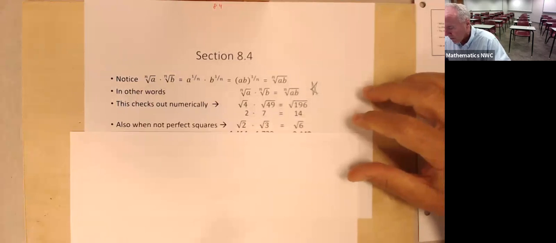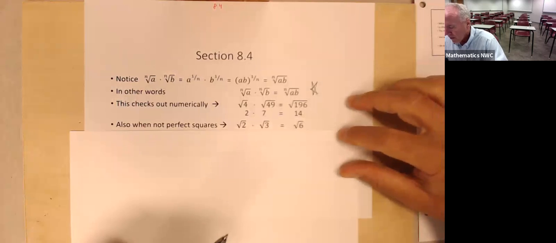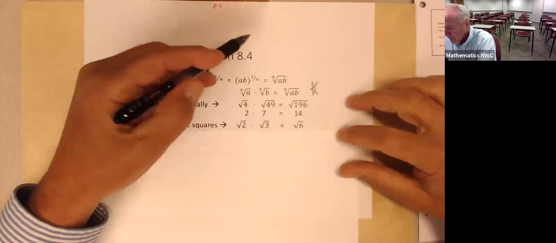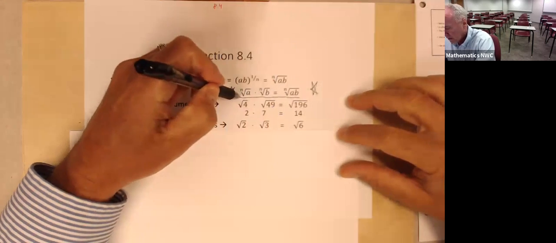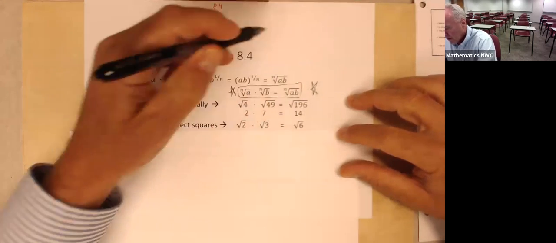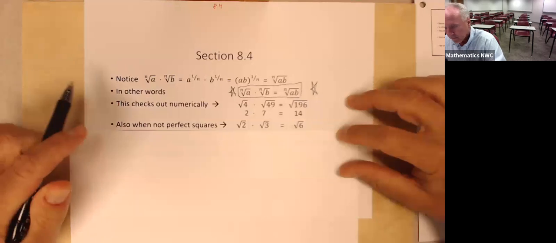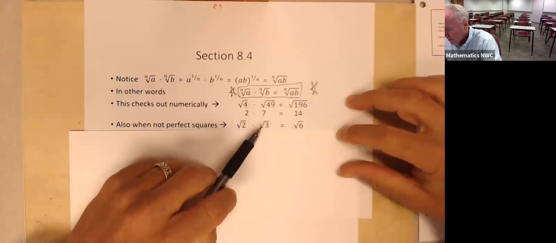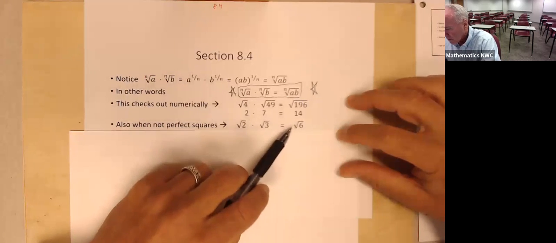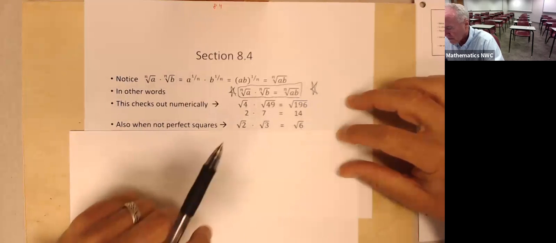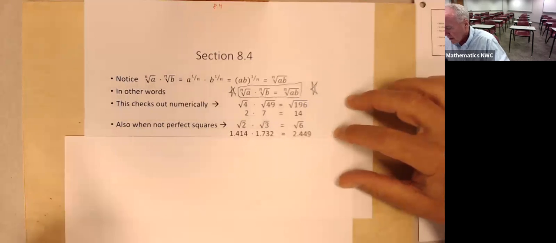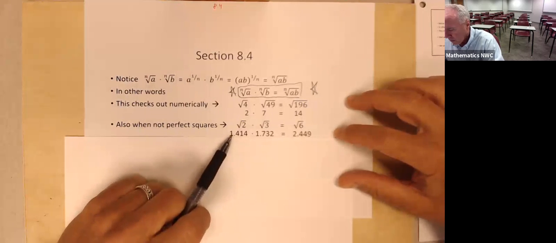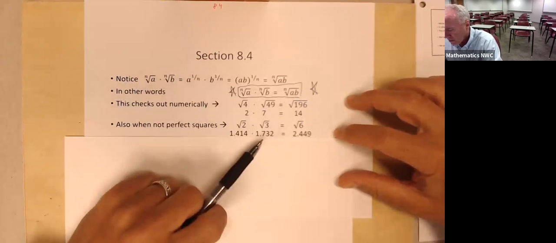Those happen to be perfect squares, but even if they're not, again, I want you to pay special attention to that identity. Square root of 2 times square root of 3 is equal to the square root of 2 times 3, or 6. If you look at the approximations of these, the square root of 2 is approximately 1.414. That's been rounded off.